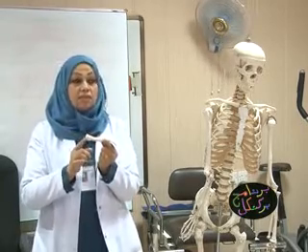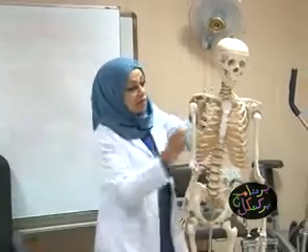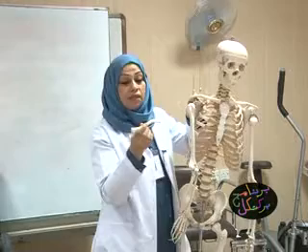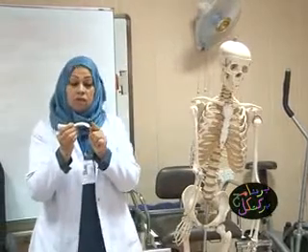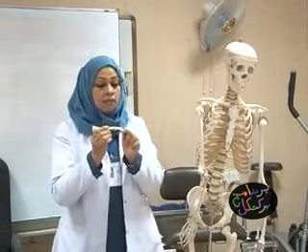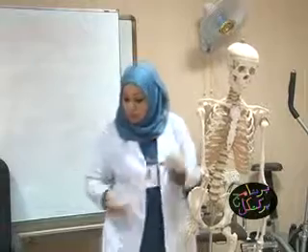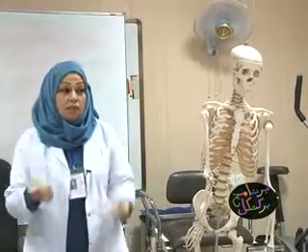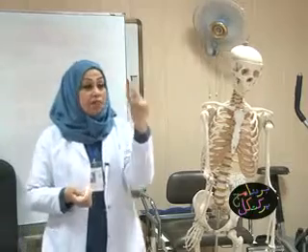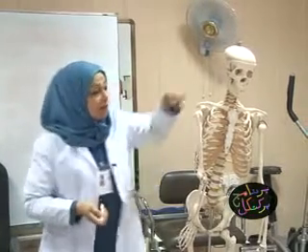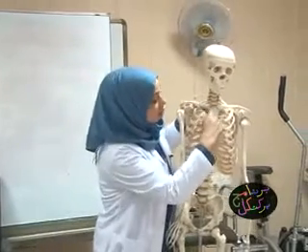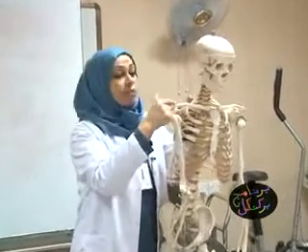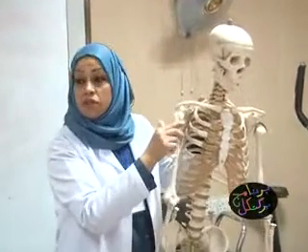The clavicle bone has two ends. The sternal end is flat, so it articulates with the sternum bone. This is the sternum bone, and the lateral end is rounded, so it articulates with the acromion process of the scapula. So in the shoulder girdle, we have three important joints: the sternoclavicular joint, the acromioclavicular joint, and the shoulder joint.